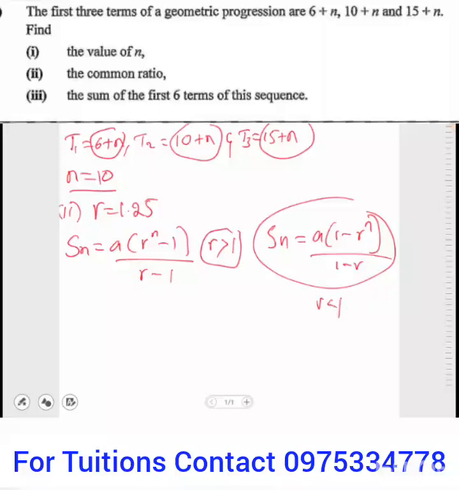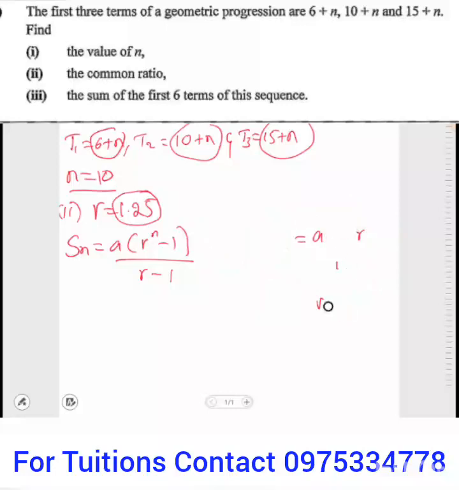So you should know the position of r. Is this greater than 1 or less than 1? This is greater than 1, since r is 1 point something, it's going up. So we are going to use this formula.